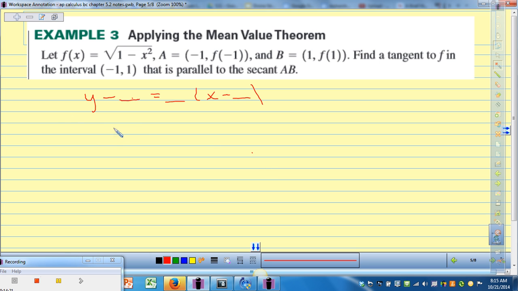If it needs to be parallel to secant AB, then what has to be true? The slope has to be the same. So to be parallel, the tangent must have the same slope as the secant.